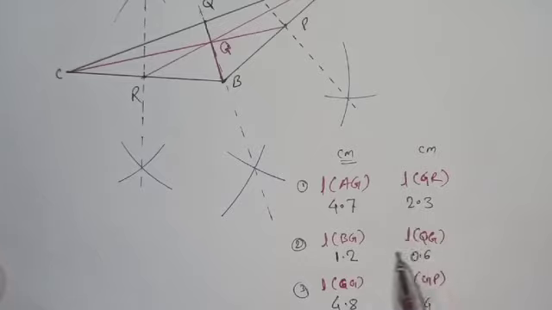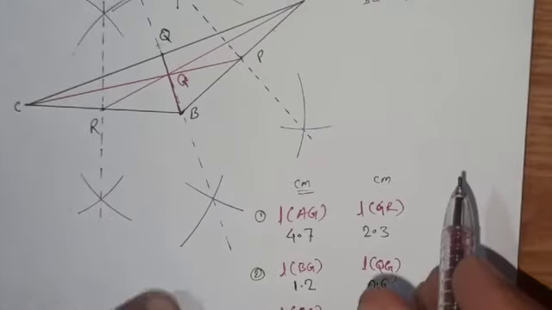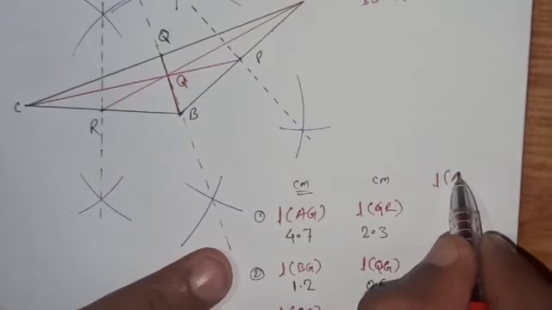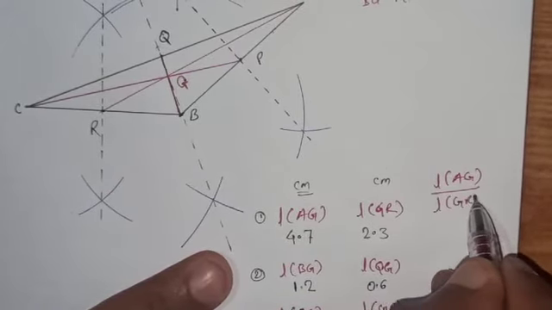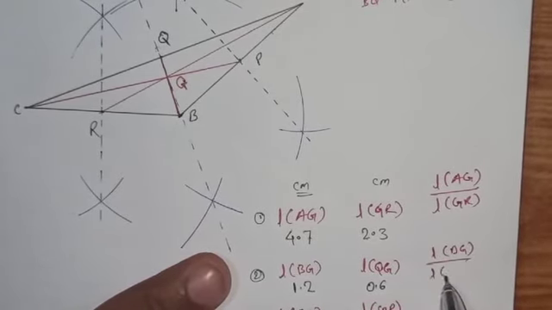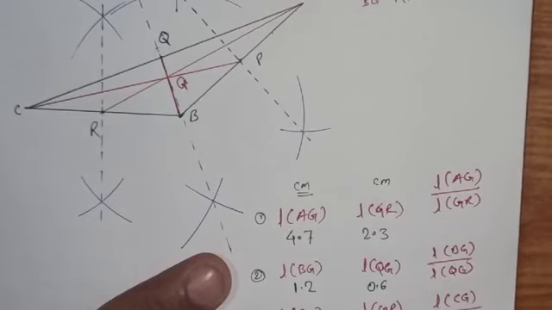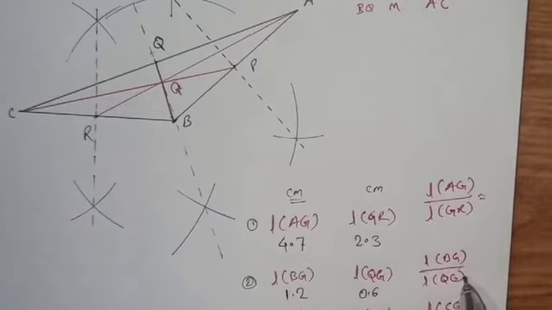Okay, now we have already calculated. Now we have to find the ratio of the length of AG to the length of GR, the length of BG to the length of QG, and the length of CG upon the length of GP. So we have to find the ratio.